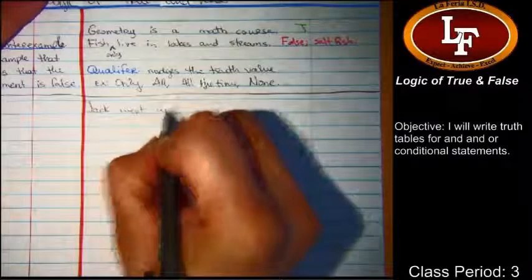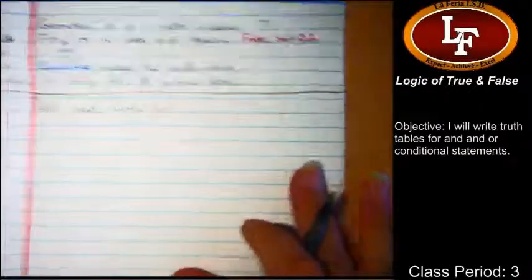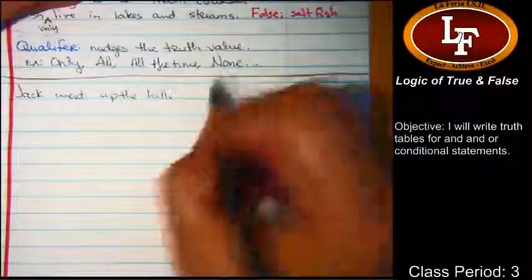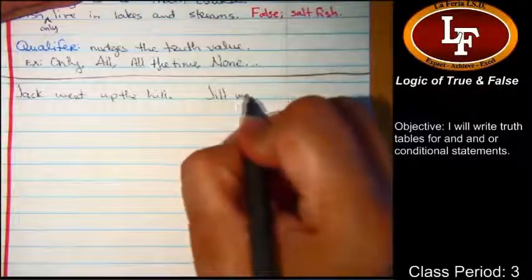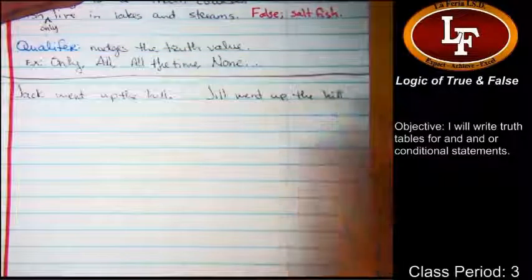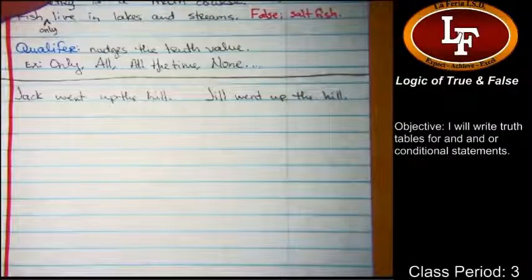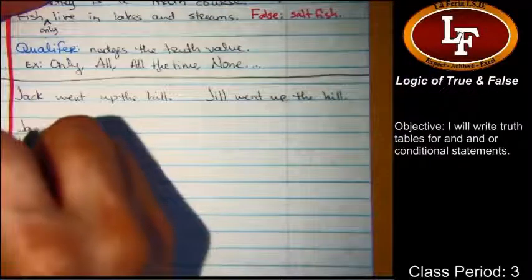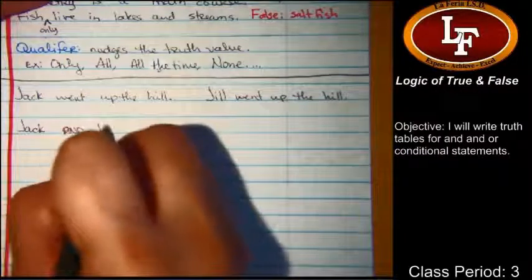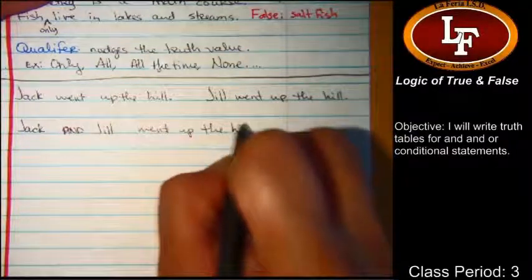Jack went up the hill, and Jill went up the hill, but I'm writing them as separate sentences. The nursery rhyme states Jack and Jill went up the hill.